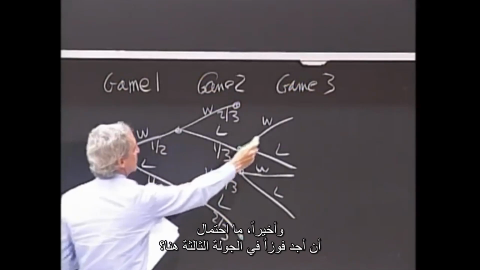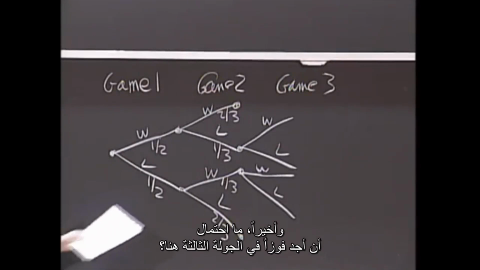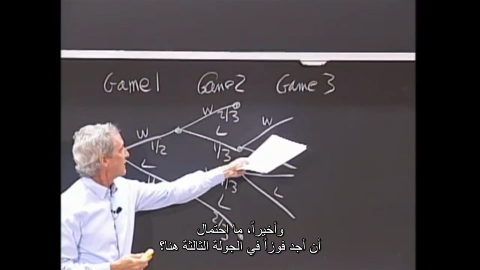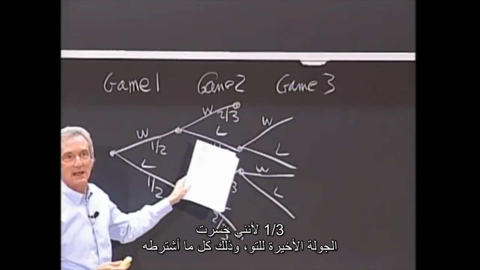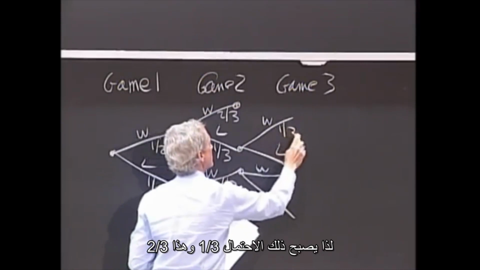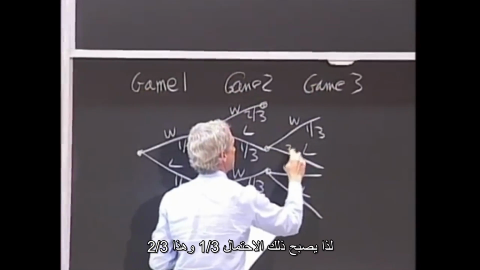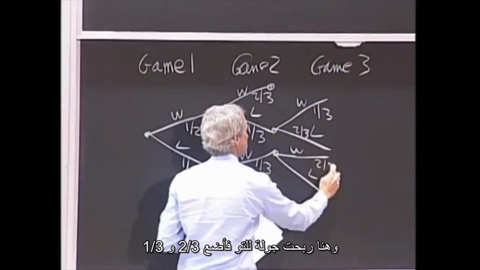And then lastly, what's the probability I win the third game here? 1/3, because I just lost the last game, and that's all I'm conditioning on. So that becomes 1/3, and this is 2/3 now. And then here I just won a game, so I've got 2/3 and 1/3.